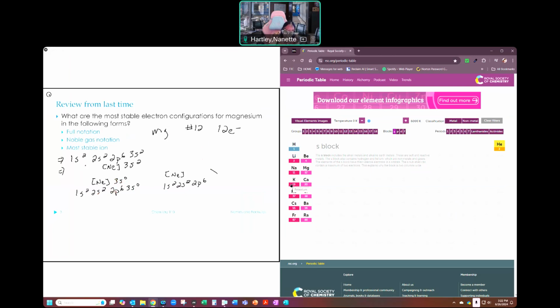And all four of those represent Mg2+, which is what will happen when we take those two 3s electrons off to make it look like the nearest noble gas, which is neon. Okay, so cool with that.